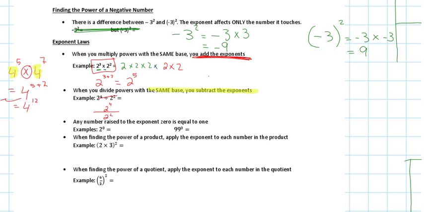Expand the top for me: 2 times 2 times 2 times 2, 2 multiplied by itself 4 times. How about the bottom? 2 times 2.